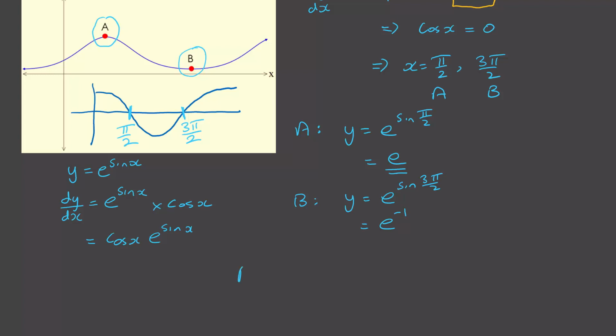So we can now state that A is the point (pi by 2, e), and that B is the point (3 pi by 2, e to the negative 1).